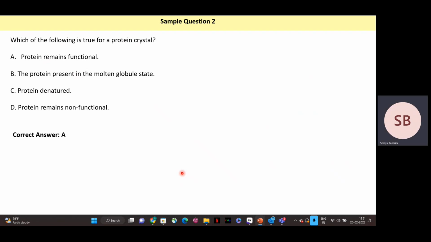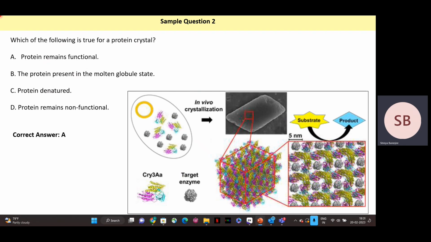Okay, so the correct answer is A, which is basically saying that in a protein crystal, the protein remains functional.